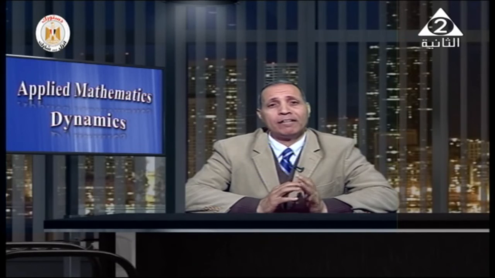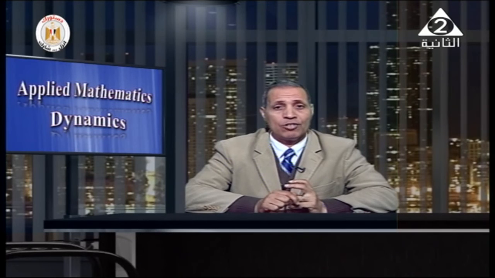My dear student, we know that if we have acceleration and the required is the velocity, the velocity is the integration of acceleration with respect to time t. If we have acceleration equals 6t minus 2, what is the integration? 6t power 2 over 2 minus 2t plus c, my dear student, c as constant of integration.